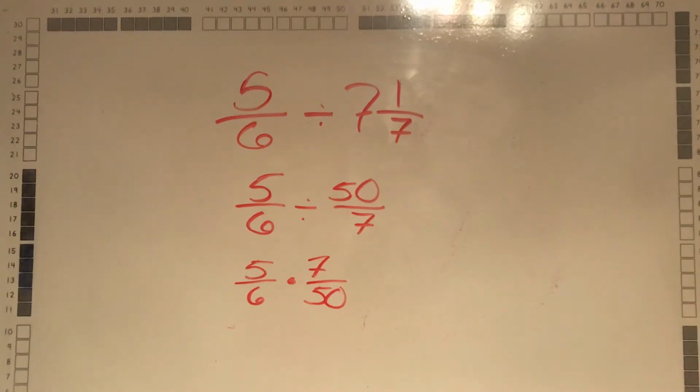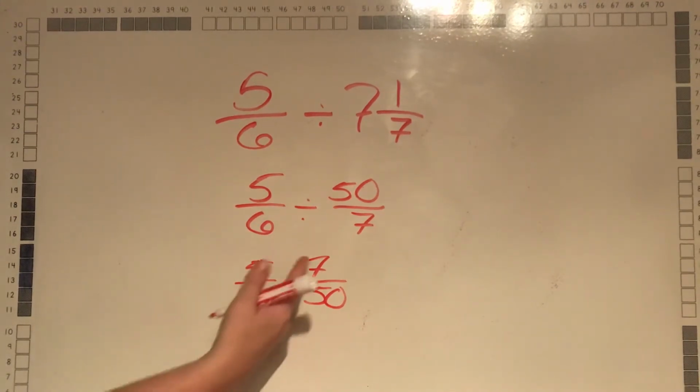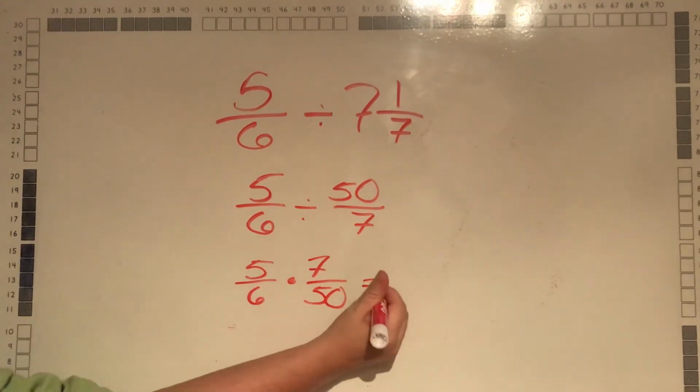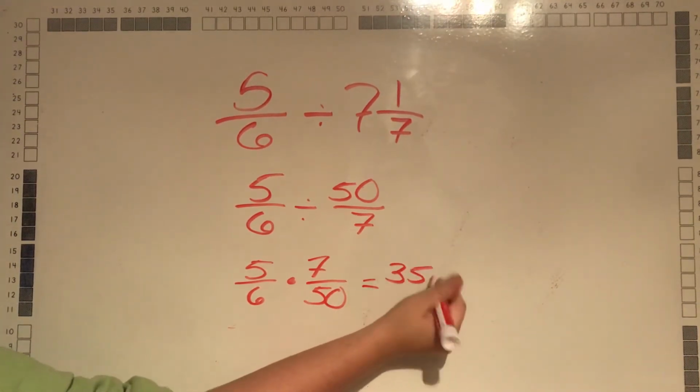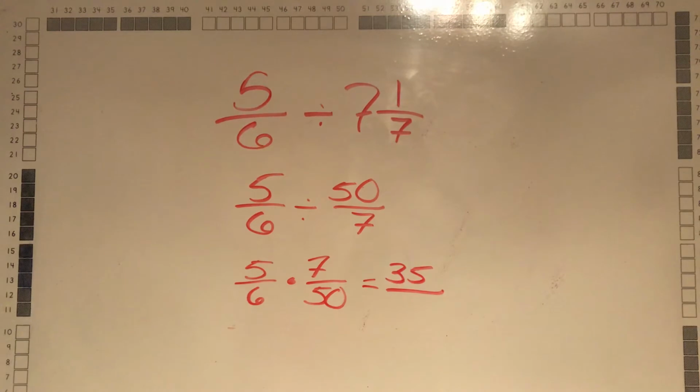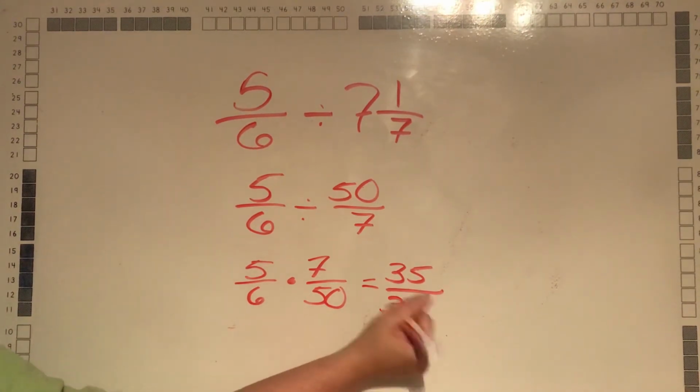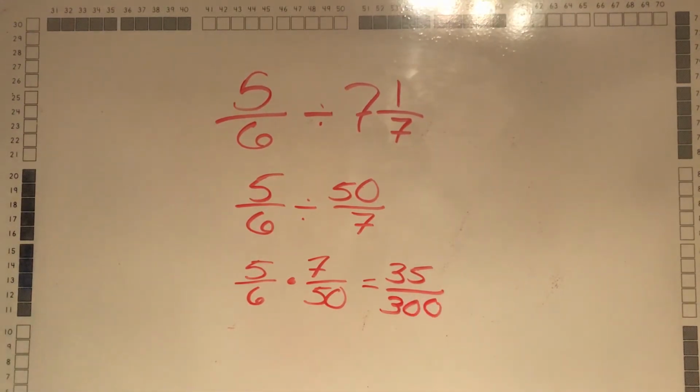So that gives us 5/6 times 7/50. 5 times 7 is 35, and 6 times 50 is 300.